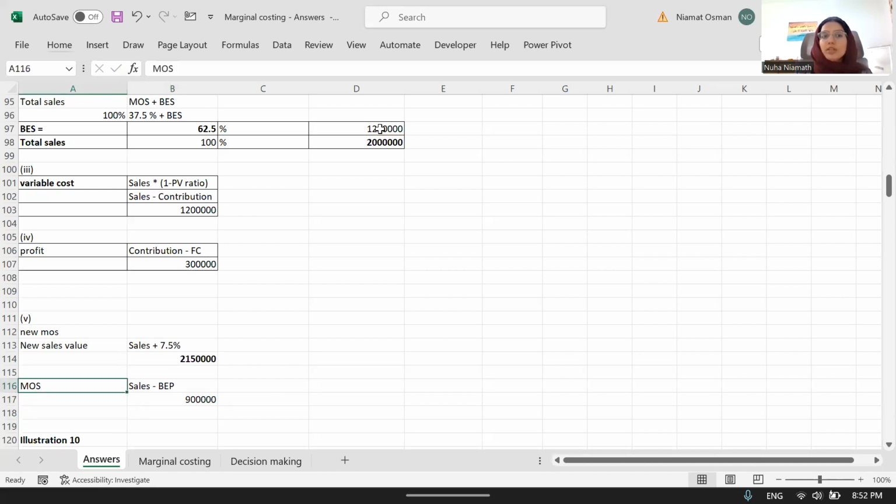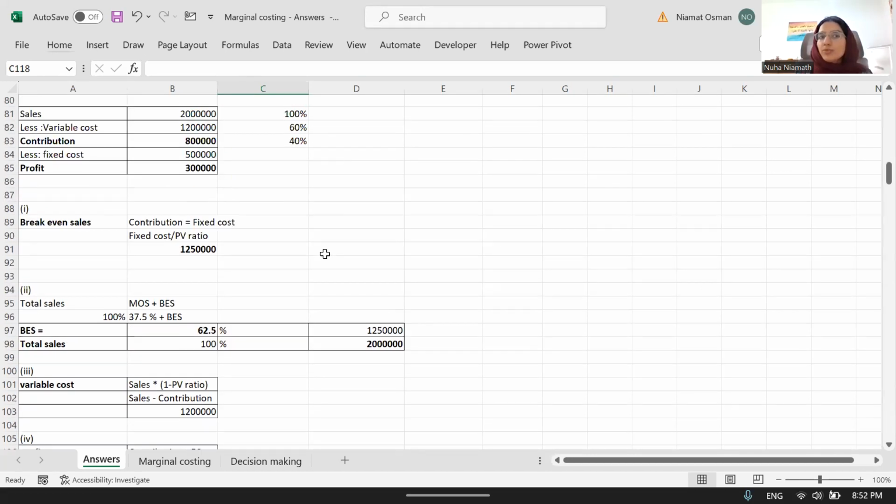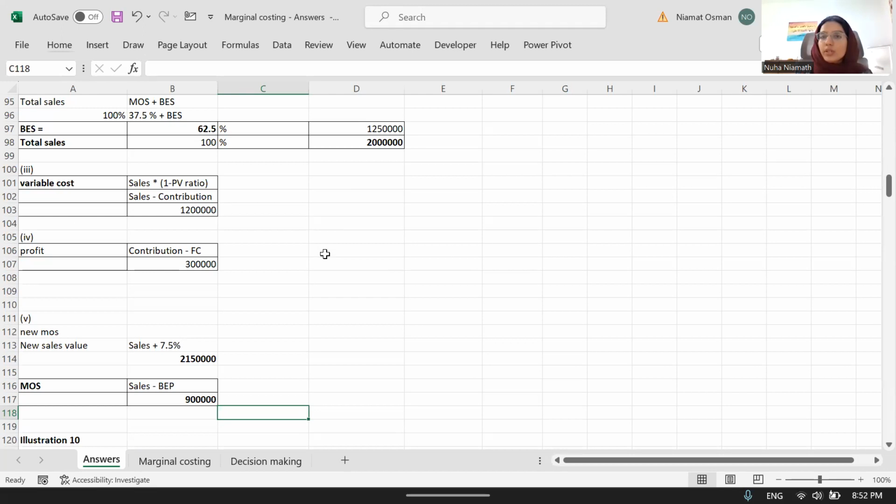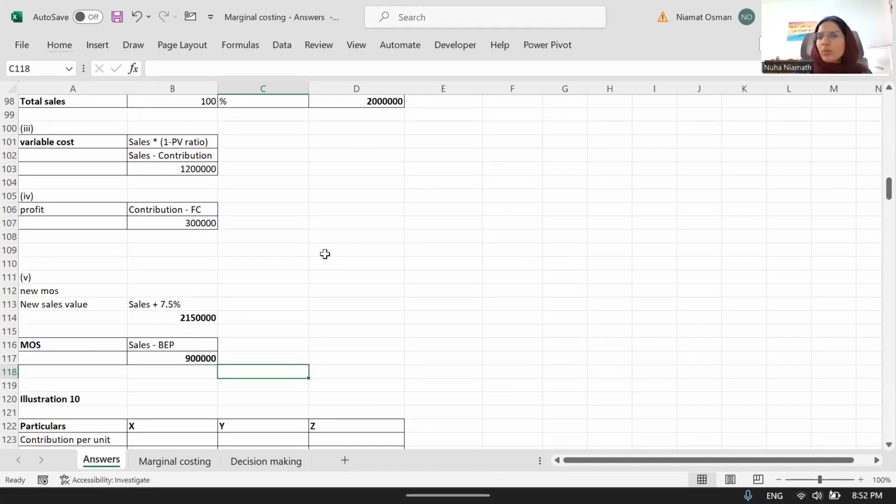That will give me 9 lakhs. Is it clear, everybody? Okay. So I hope this has summarized the entire concept for you with a deep understanding, and you didn't have to mug up any formulas.